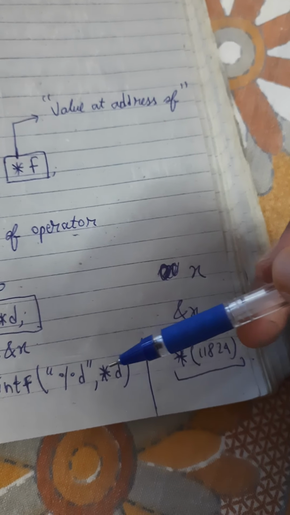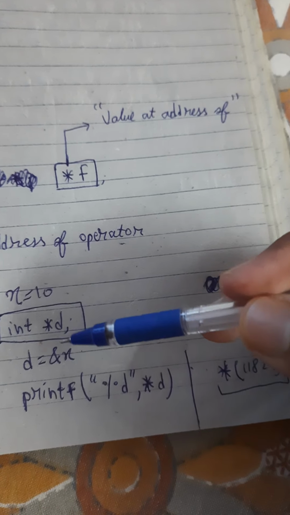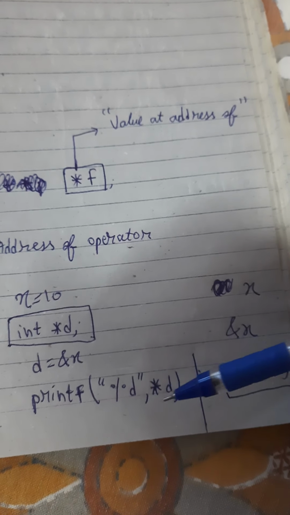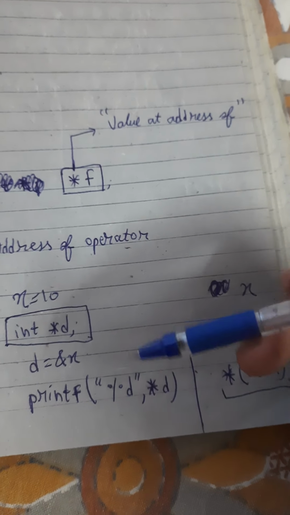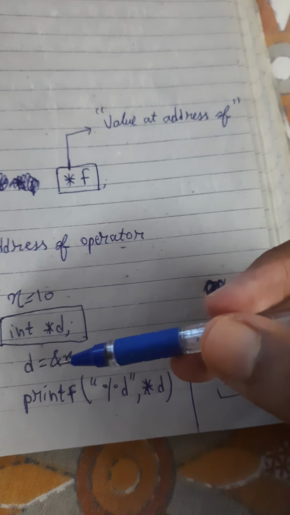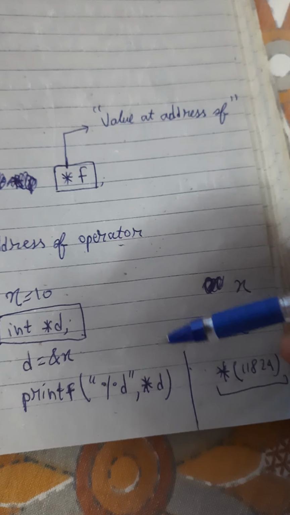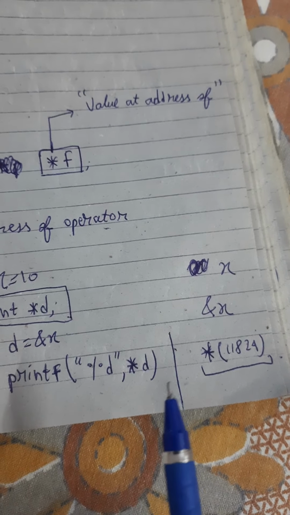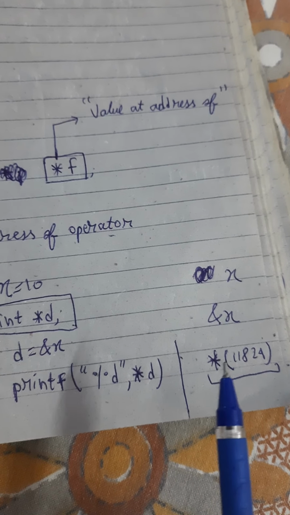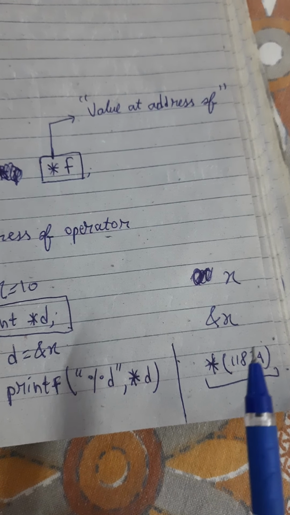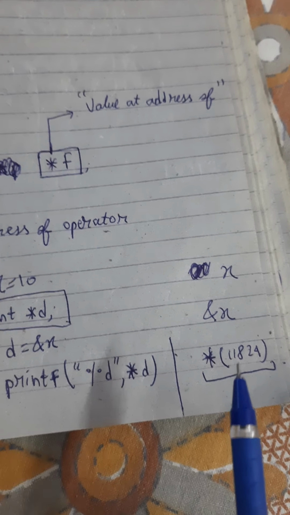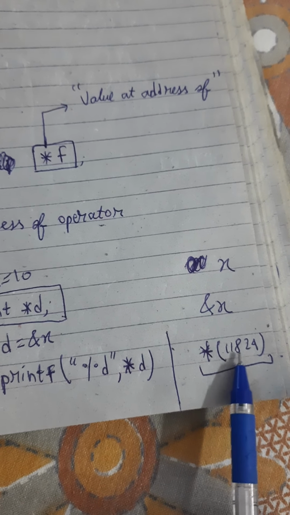Okay, so in this case, d already contains the address of x, all right. Here we have written star of d, which means give me the value at the address of x. Do not take it otherwise, like give me the value at address of d. You can compare the analogy here. Basically, after star in an executable statement, an address should come. In this case the address is 11824.